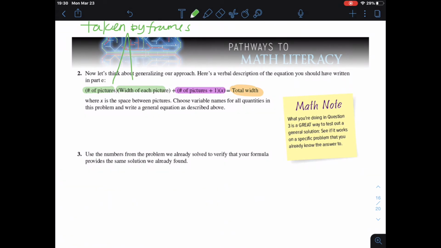So if we want to generalize this with an equation, we have a couple variables. We're going to let t equal the total width of the wall. We're going to let n equal the number of pictures. And we're going to let w equal the width of each frame.